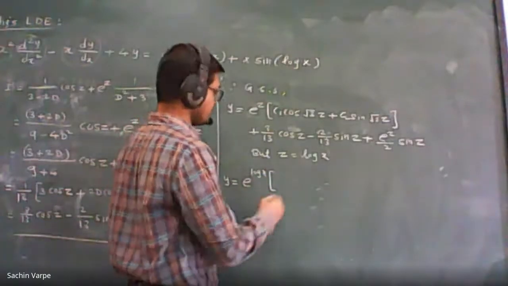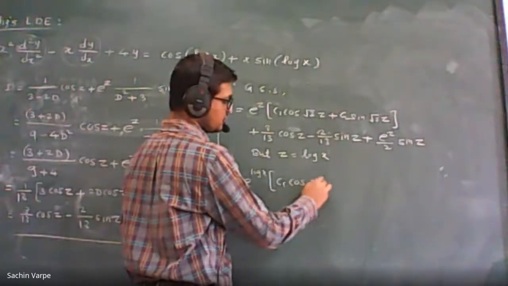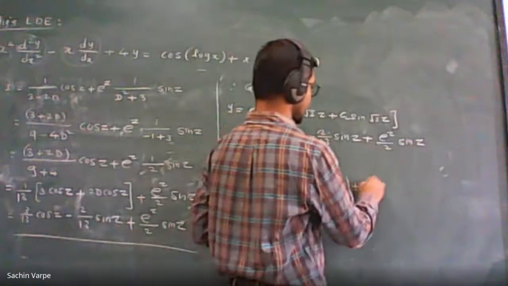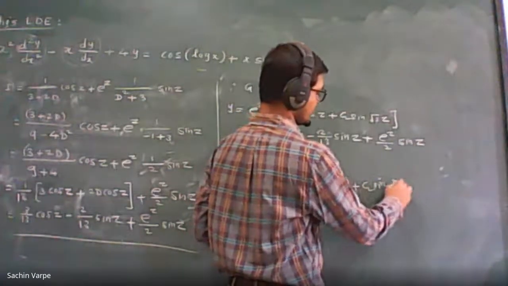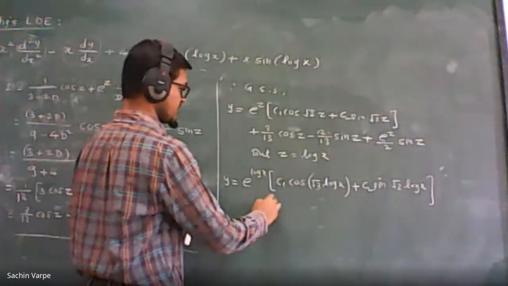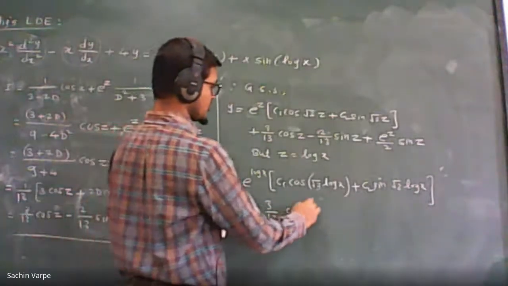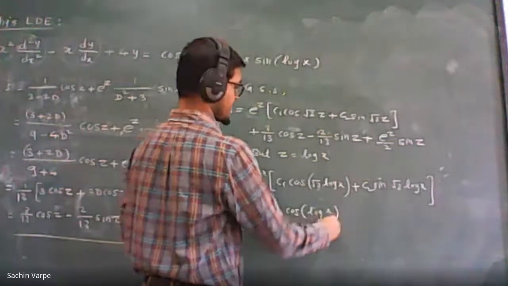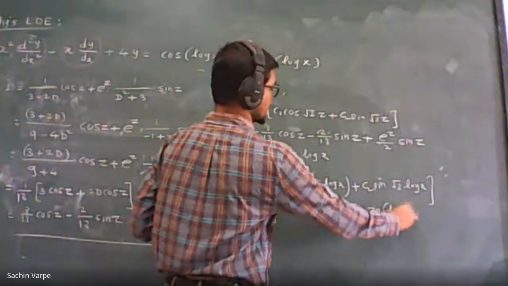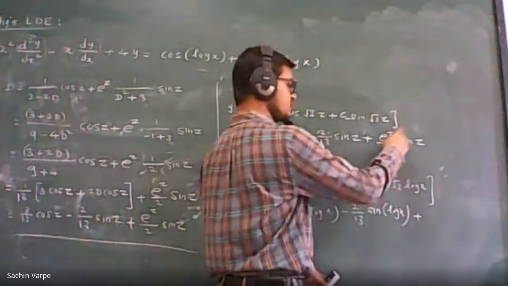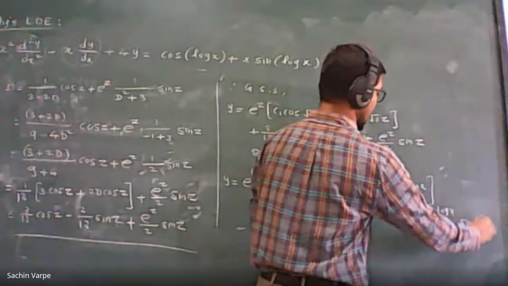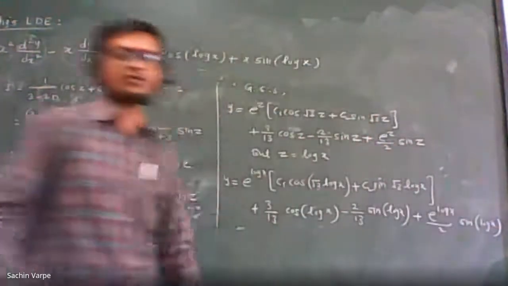So that we'll write in the next step. C1 cos root 3 log x plus C2 sin root 3 log x, plus 3 by 13 cos of log x minus 2 by 13 sin of log x plus e raised to z, so e raised to log x upon 2 sin of log x.